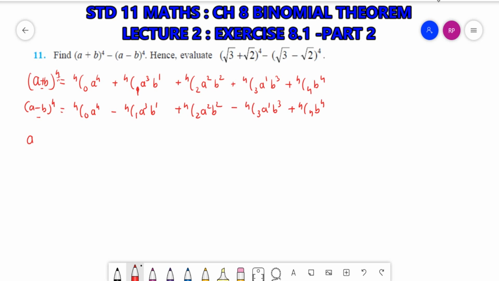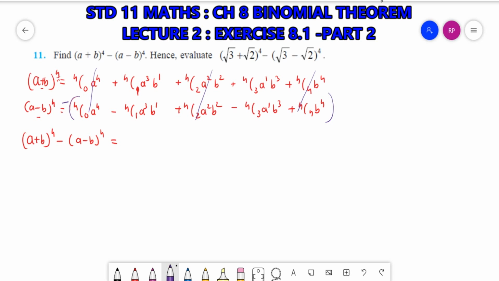Now when I take a plus b whole raised to 4 minus a minus b whole raised to 4, I will subtract this. With the minus sign before this, this will get cancelled, this will get cancelled, and this will get cancelled. So it will be 4c1 a cube b, minus minus plus, 4c1 a cube b.